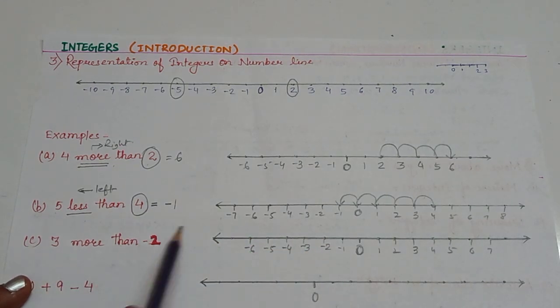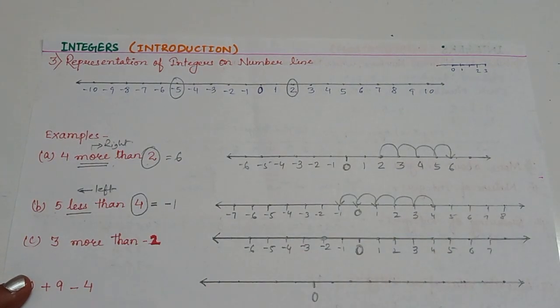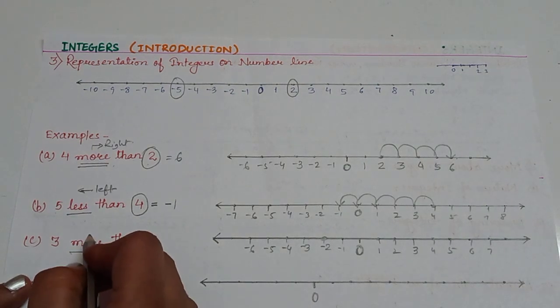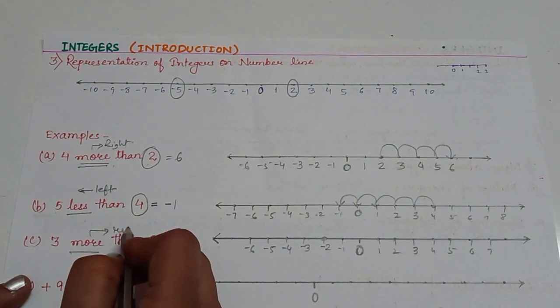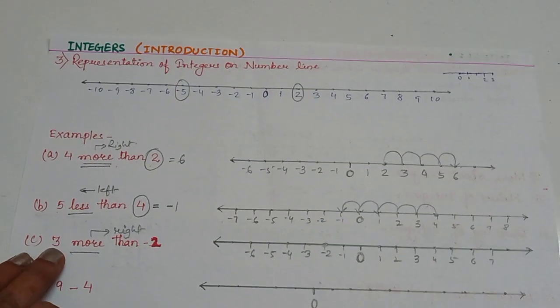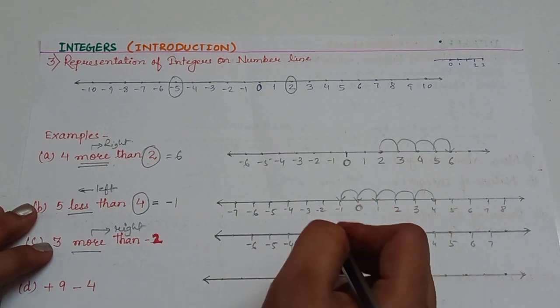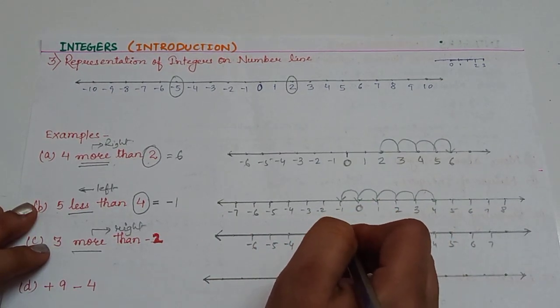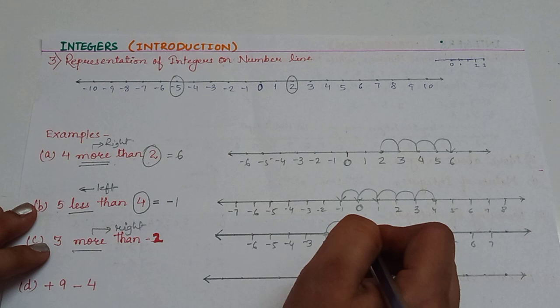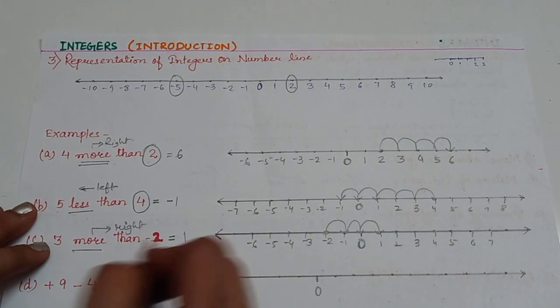So here -2 is here, but we have to go 3 more than that, which means we have to go to the right. We have to move 3 steps to the right. So 1, 2, 3. Where are we? We are here at 1.